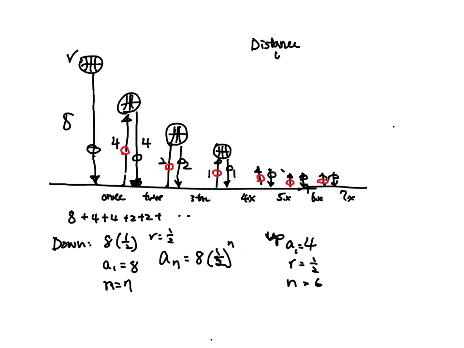For the distance going down, we're going to use the formula for the sum of the first n terms, which is a minus a r to the n over 1 minus r. So you'll have 8 minus 8 times 1/2 to the 7 over 1 minus 1/2.